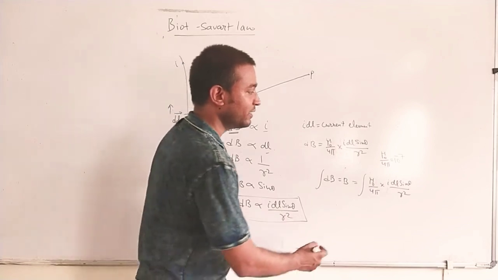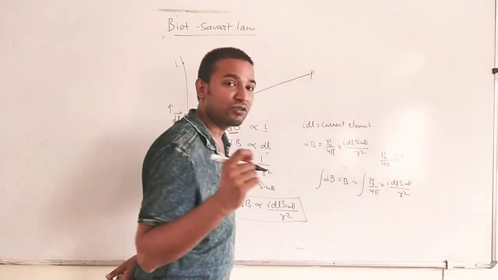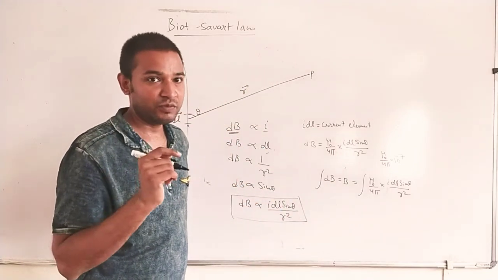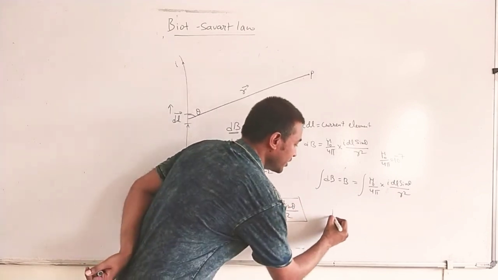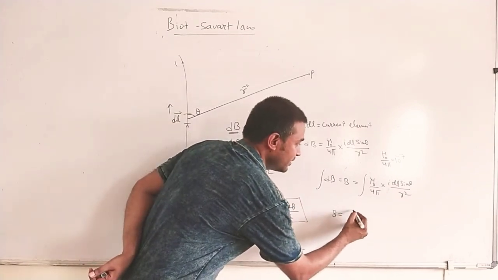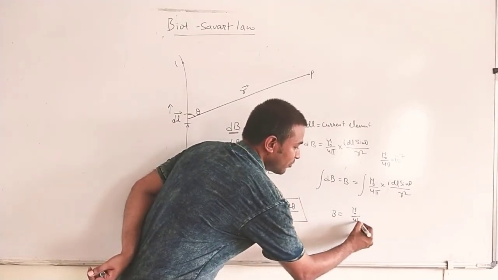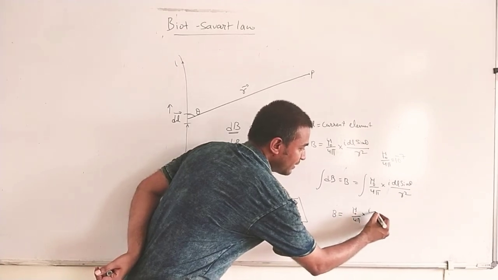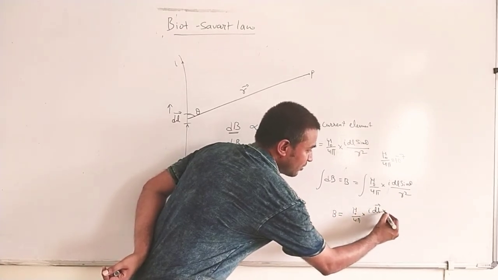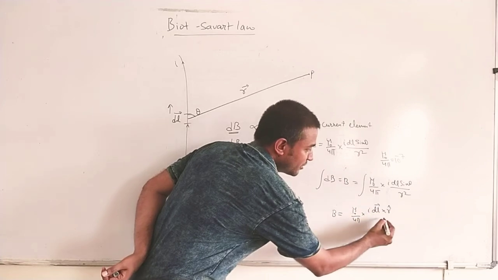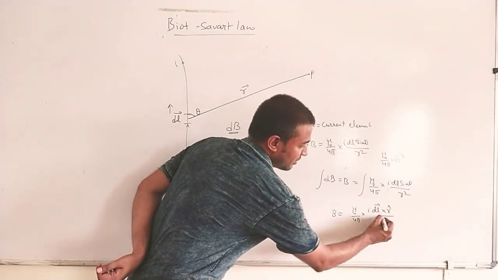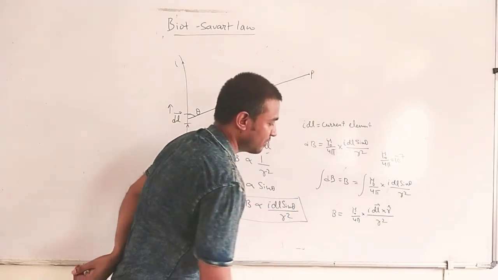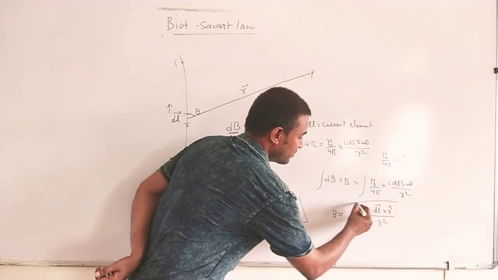So how is it obtained? We know very well that in a cross product sine theta comes over. So the expression will be B is equal to mu naught by 4 pi I dl cross r hat, where r hat is the unit vector in the direction of r, divided by r square.